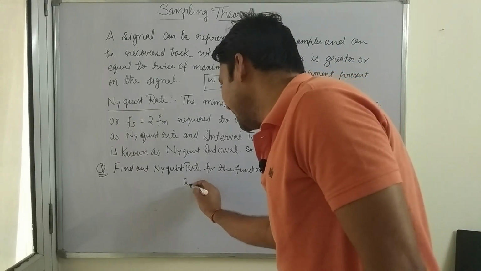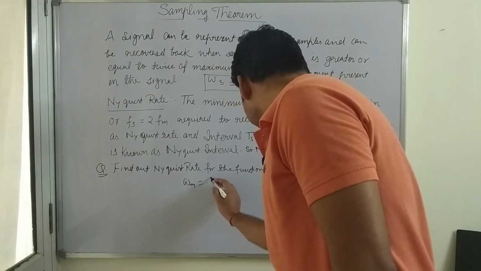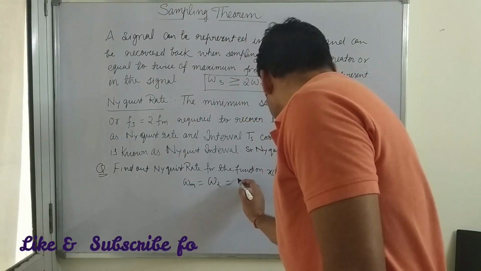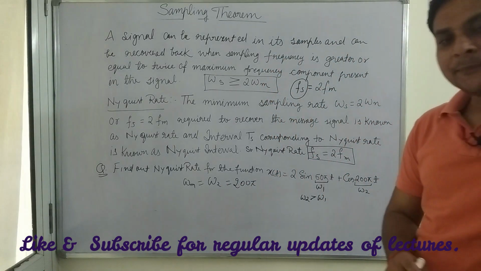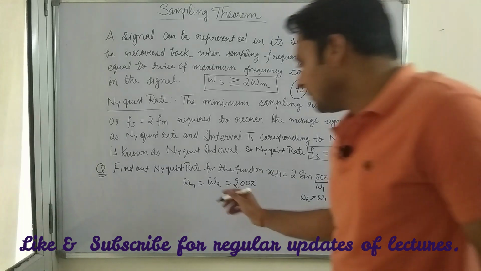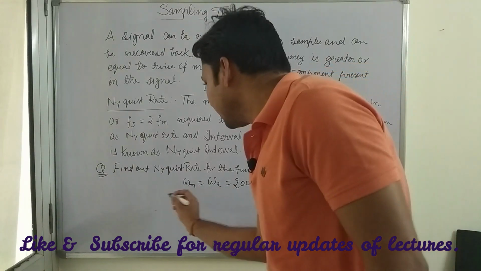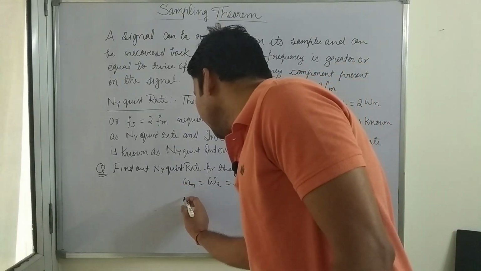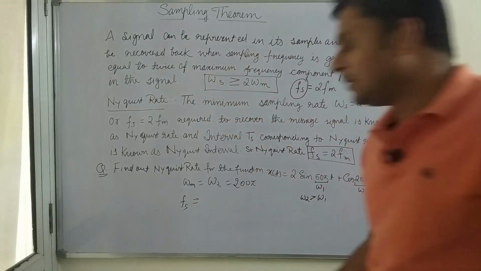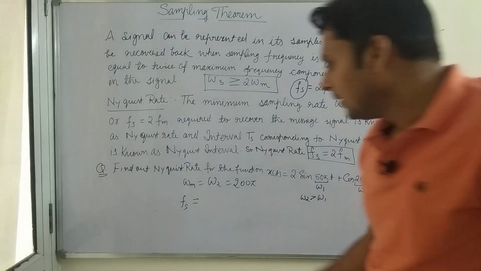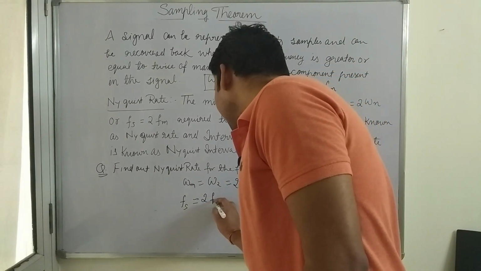Maximum frequency omega m is omega 2, and omega 2 is 200 pi. According to the sampling theorem, f s, the minimum sampling frequency, must be equal to 2 f m.